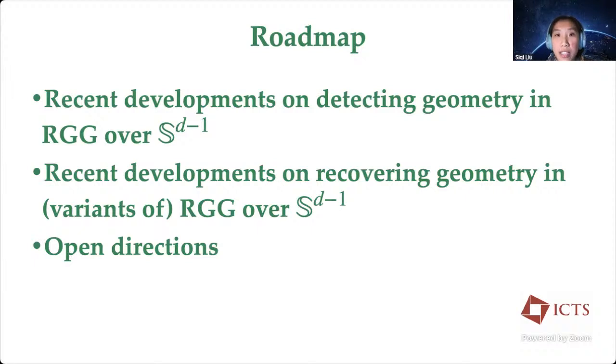But here we're not thinking about d as a constant, but rather as a growing function. After that, we'll be talking about some recent developments on the question of recovering the geometry in variants of this random geometric graph over unit spheres. And we'll conclude with some other open directions.